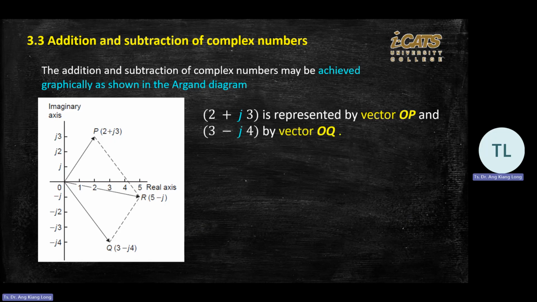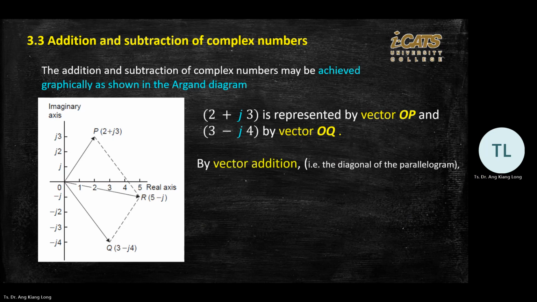Okay. The second complex number is represented by 3 minus j4. So you go to 3, minus 4, represented by vector OQ. Okay. So vector OQ is in quadrant number 4.